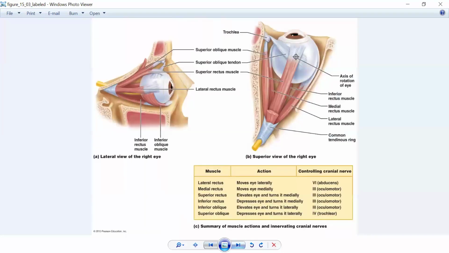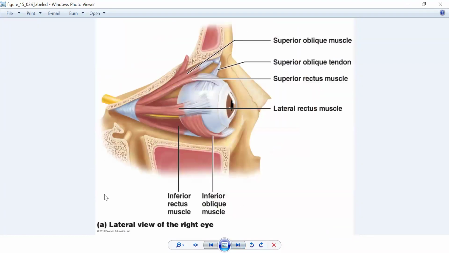These are the muscles involved in moving your eye. So let's go to a larger picture here. Muscles that have the name rectus in the name of the muscle, the way it's named is the way it moves the eye. So superior rectus muscle moves the eye above, lateral rectus muscle moves the eye lateral to the side.